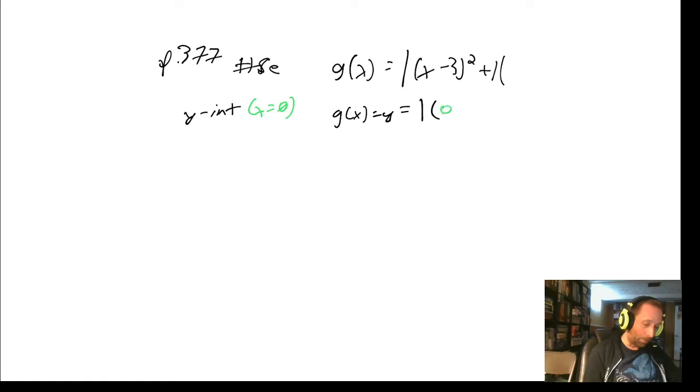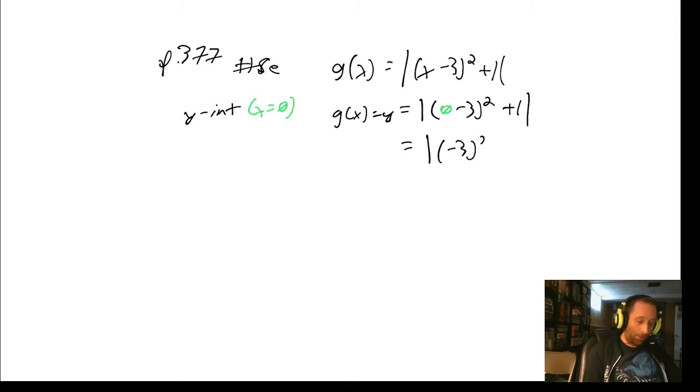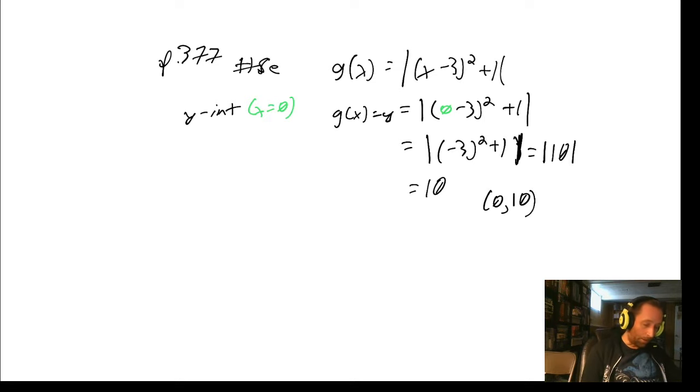So that's absolute value of 0 minus 3 squared plus 1. So this ends up being -3 squared plus 1. -3 squared is -3 times -3, so that's 9. So it's 9 plus 1, which is absolute value of 10. This gives us 10. So what does that tell us about our y-intercept? Our y-intercept is at 0, 10. All right.